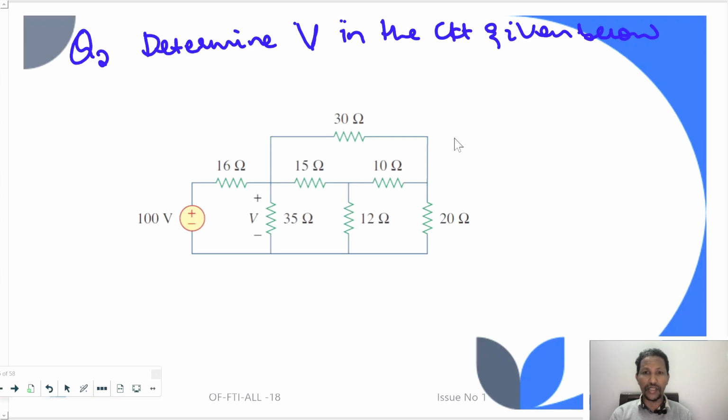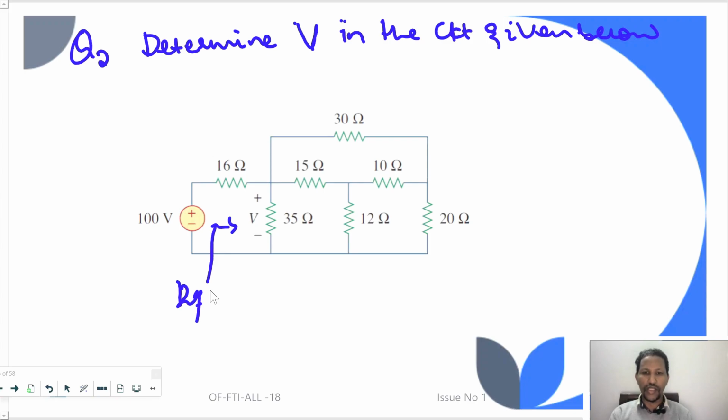resistance. For this case, determine V in the circuit given below. To give you some hints, to find the voltage across the 35 ohm resistor, first we need to determine R equivalent at the source terminal.